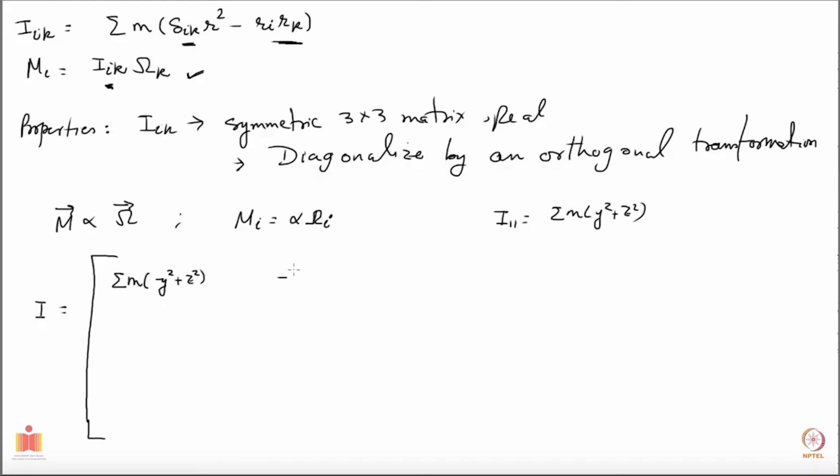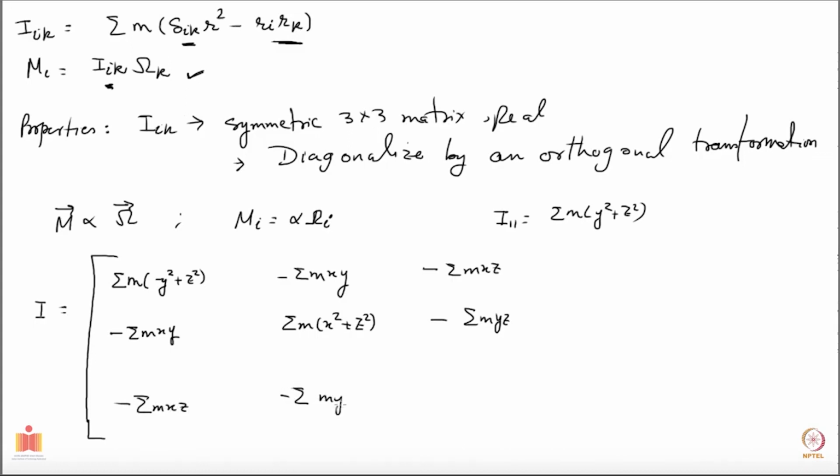Then here you get minus m x z, then minus m x y, m times (x squared plus z squared), minus m y z, and then you have the last entry to be m times (x squared plus y squared).